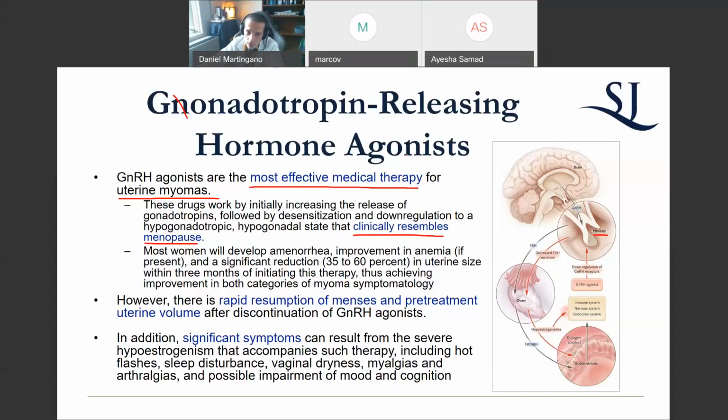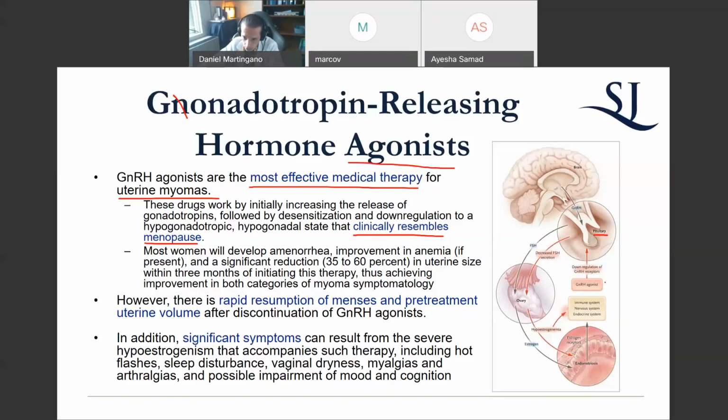But when you have your agonist, what ends up happening is that while there is an initial bump in this response, because it's an agonist, prolonged exposure to the agonist creates a negative feedback loop to the anterior pituitary.